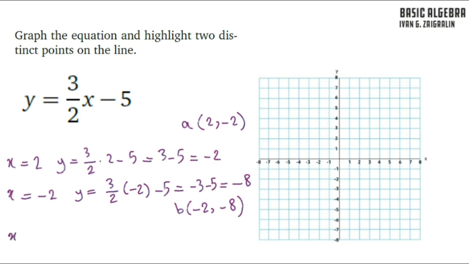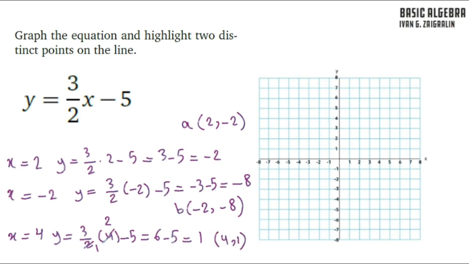And when x equals 4, y equals 3 over 2 times 4 minus 5, which equals 3 times 2, 6, minus 5 equals 1. And this is another point, 4 and 1.